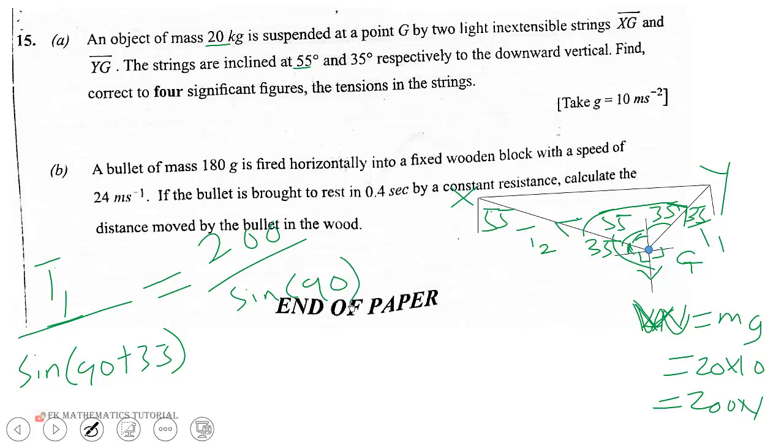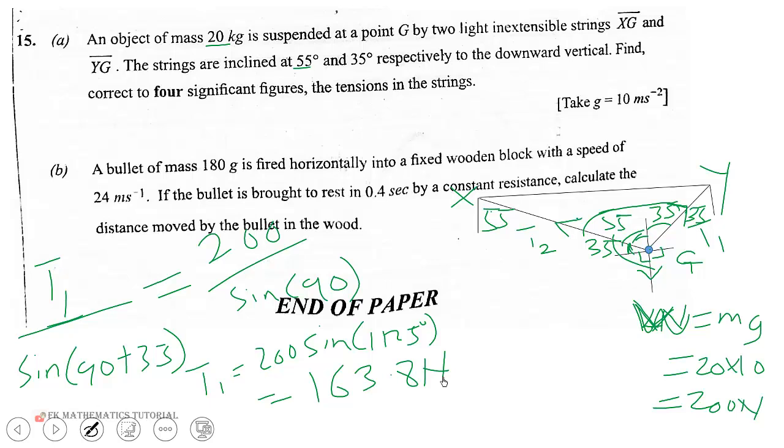Sine 90 is 1. So this will give us T1 equal to 200 sine 125 degrees. When we evaluate this, 200 times sine 125, we will get 163.8 newtons, which is to four significant figures.